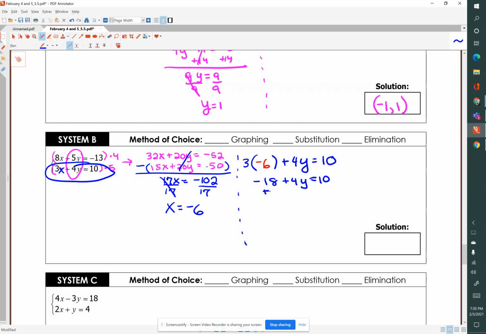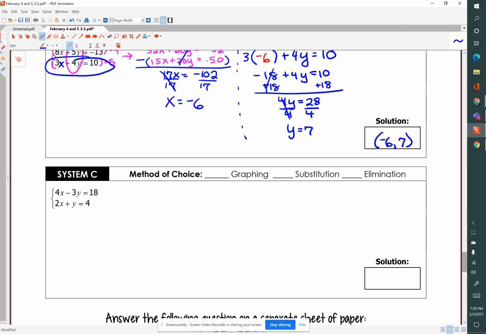I'll add 18 to both sides of the equation, which gives me 4y equals 28. I'll divide both sides by 4, and y equals 7, and my solution is negative 6 comma 7. So I used elimination to solve that system.